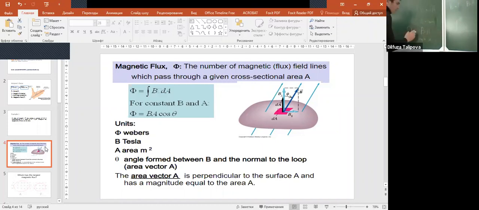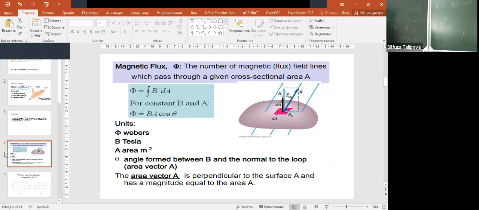It means that the magnetic flux is equal to 0, because the cosine of 90 degrees is equal to 0. So the magnetic flux is equal to 0 in this way.